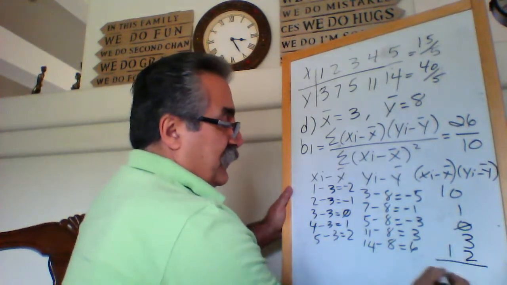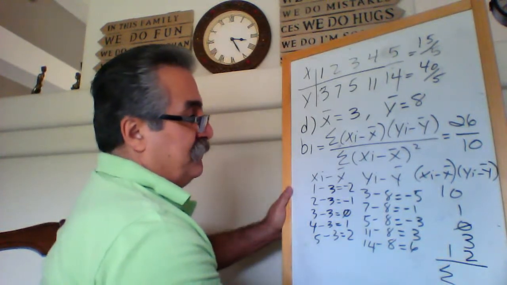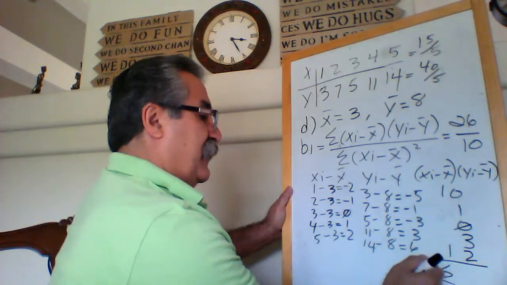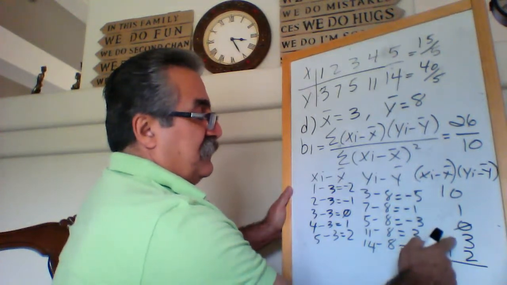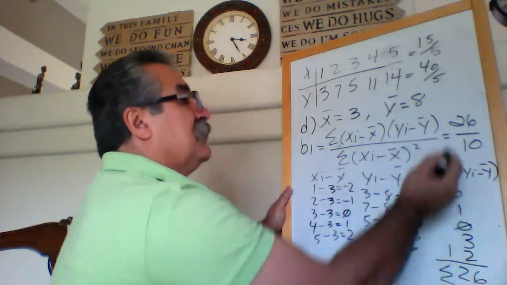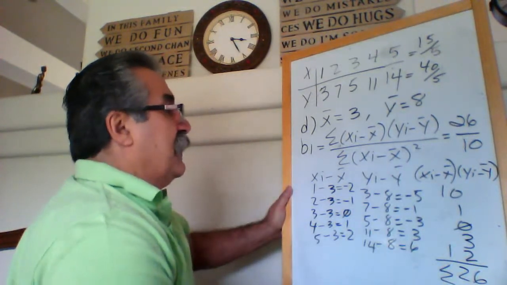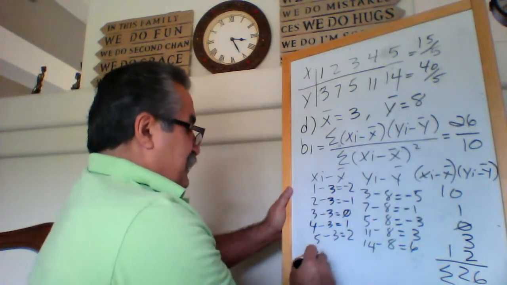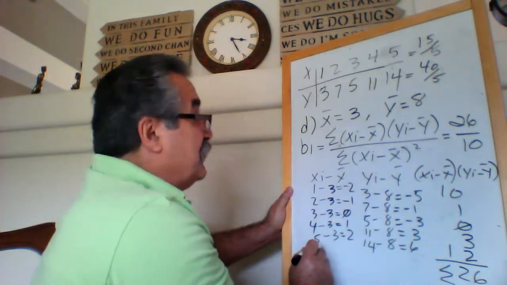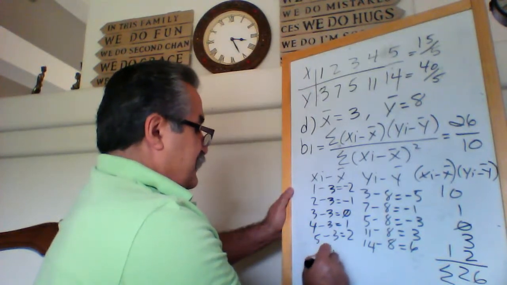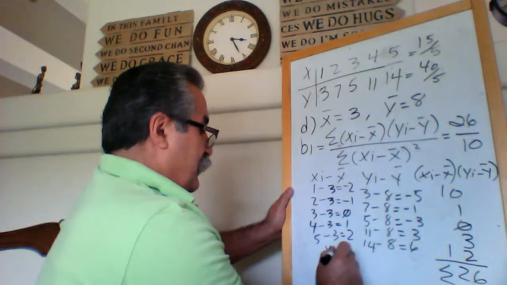Now we add them all up. 1, 3, 12, 15, 16 plus 10, that's 26. 26. Divided by xi minus x bar square.